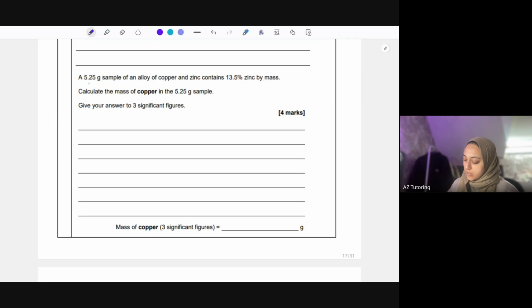A 5.25 gram sample of an alloy of copper and zinc contains 13.5% zinc by mass. Just thinking about that statement, if you've got 5.25 grams of an alloy of copper and zinc, so it's only got copper and zinc inside it, and it's got 13.5% zinc by mass, then to work out how much copper there is as a percentage, I just need to do 100% minus 13.5%.